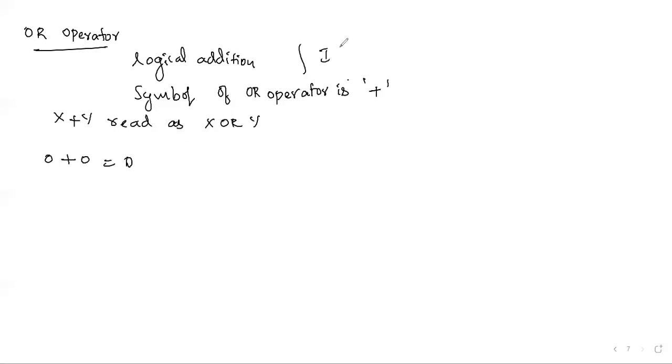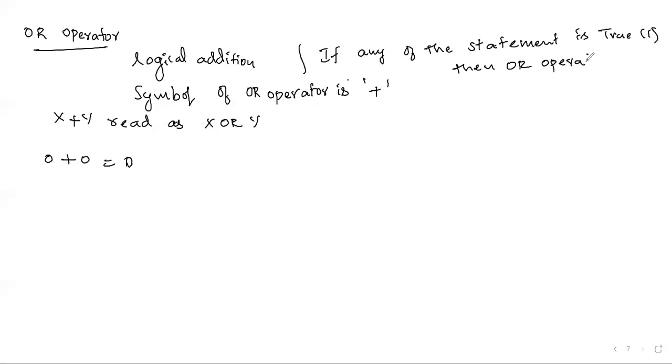If any of the statements is true, then the OR operator result is true. 0 or 0 is 0. 0 or 1 will be 1. 1 or 0 will be 1. 1 or 1 will be 1.